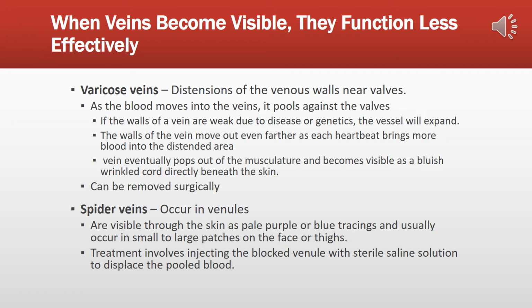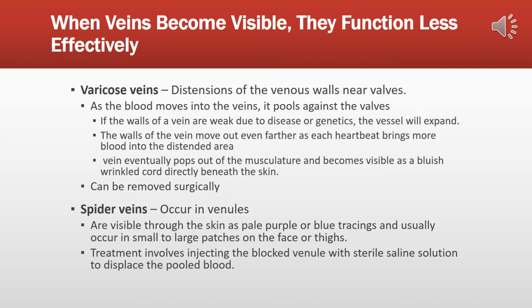Now we're going to sort of take a step back and talk about a couple non-lethal conditions. One of these conditions is varicose veins, which are distensions of the venous walls near valves. And these are caused when blood moves into the veins and pulls against the valves of the veins. And if the walls of the vein are weak, either due to disease or genetics, this causes the vessel to expand.